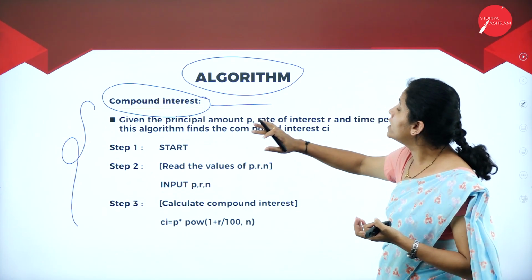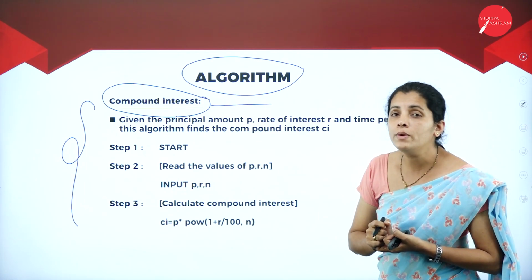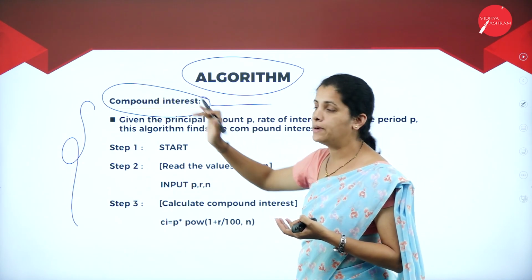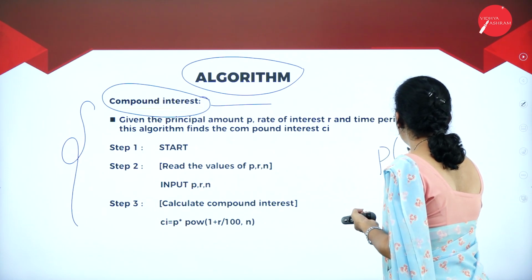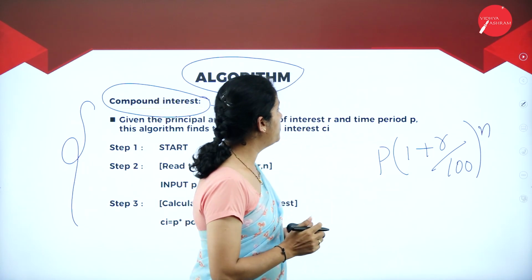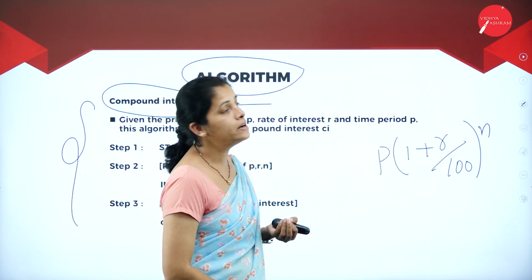Let's see what are the input I required and what is the formula used to find out compound interest. So what's the formula I'm going to have? That is P. So this is the formula actually I'm going to have. That is P (1 + R/100)^n.